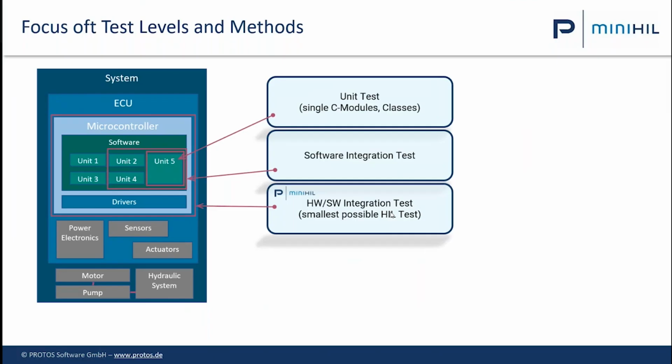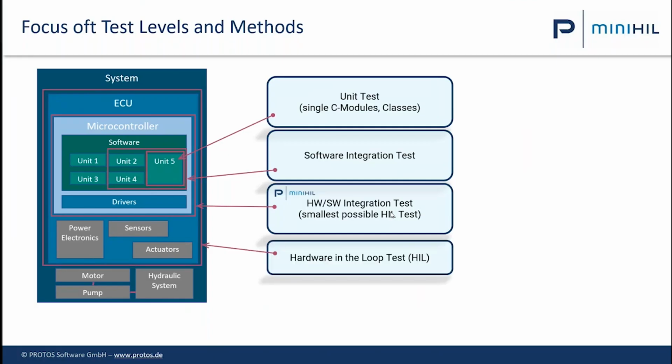That's very important, because now we can simulate the complete environment. We can simulate the power electronics, the sensors, the motor, the pump, the complete system. And by doing that, we can test already the complete software as it's delivered, including all the drivers. That's very important. So we do not have to modify the software. It's a black box test for the complete software on the microcontroller.